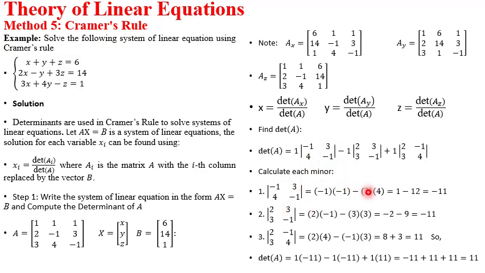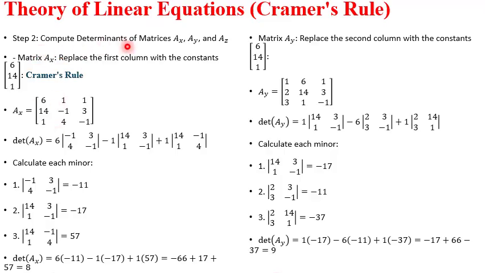Playing around with that equation to compute the determinant of A shows that the determinant of A gives 11. So just play around with that matrix A to compute the determinant, and you will see that the answer is 11.